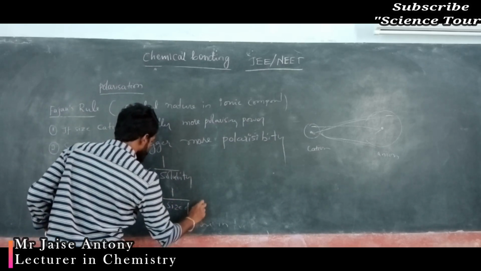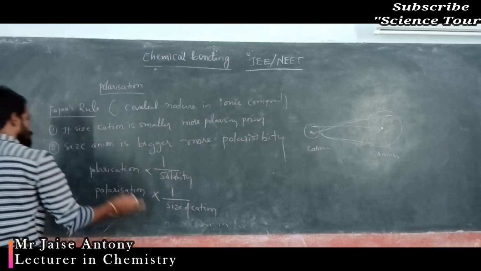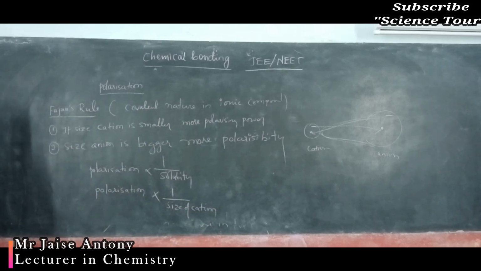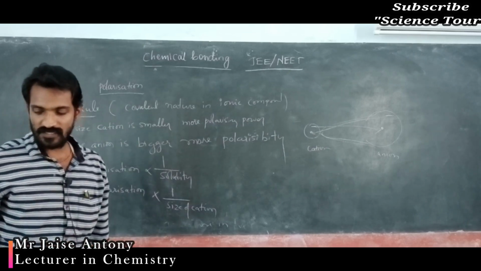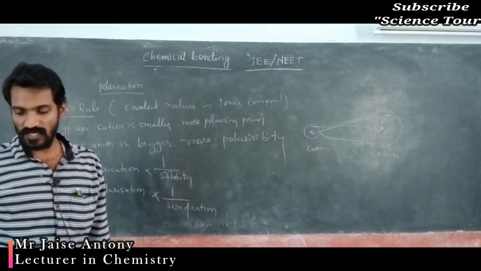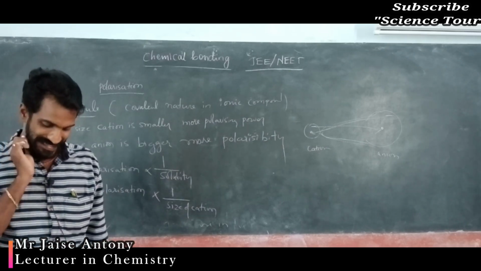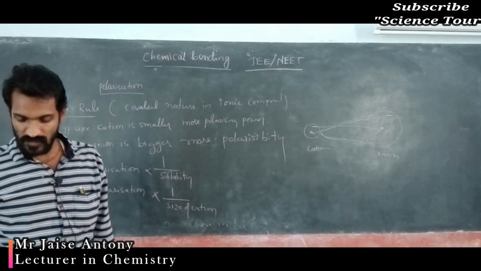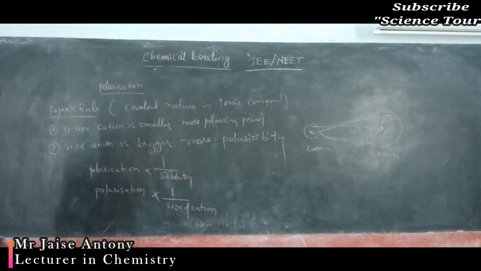If cation size increases, polarization decreases. Understood? Polarization increases as cation size decreases. These are the points, please note them down, my dear students, very important. So this is about Fajans' rule and polarization.